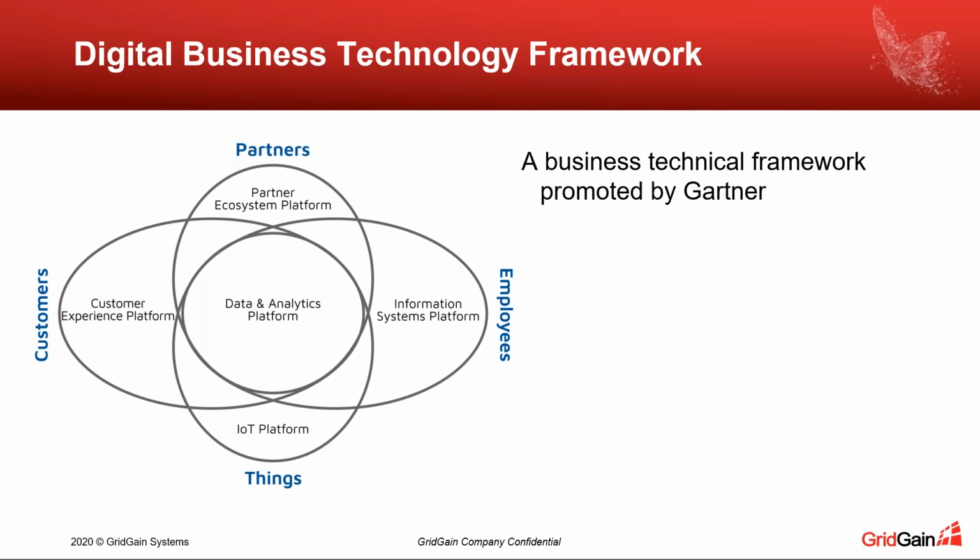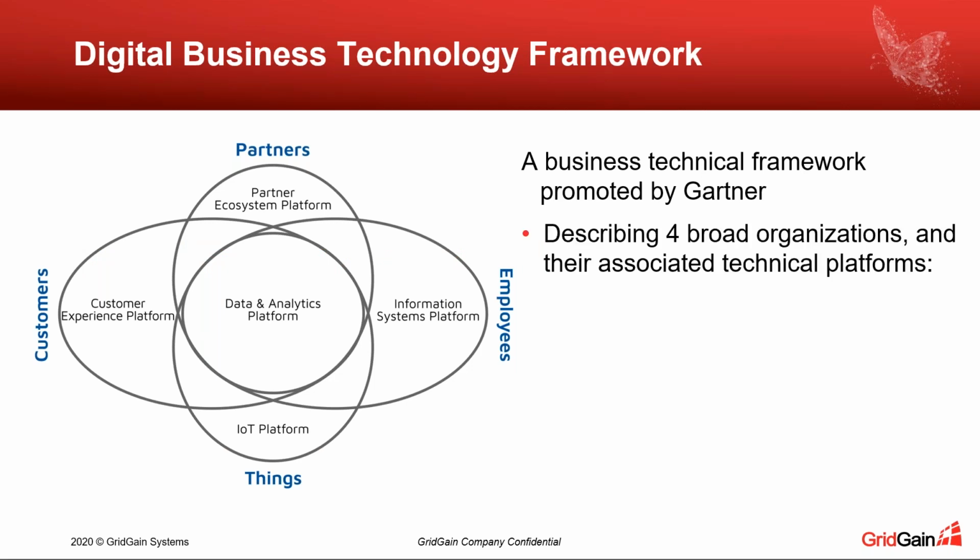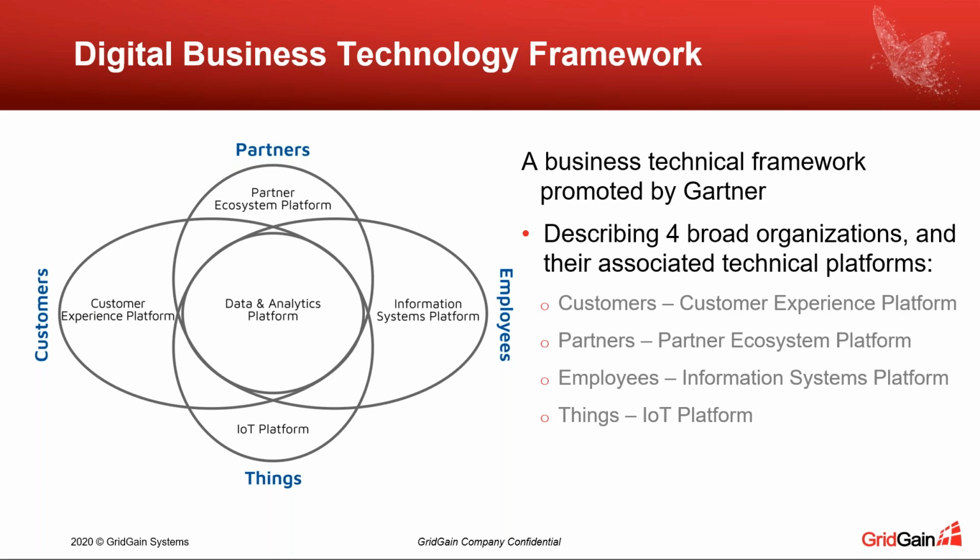Well, Gartner sees typical businesses having 4 core organizations that each have their own needs for technical platforms. Customers with their customer experience platform, partners with their partner ecosystem platform, employees have their internal information systems, and things, as a catch-all for the IoT devices out there, they have their IoT platform.